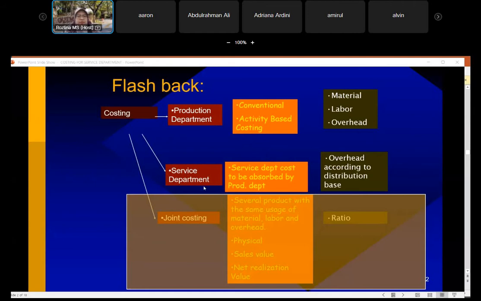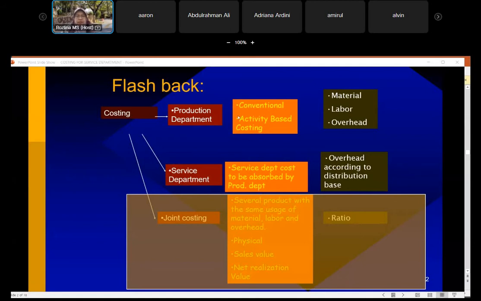Okay, by using the service department, actually when we talk about the service department, that means they have given the service. Okay, what type of service? Later we will look at the service. And service department cost is to be absorbed by the production department.